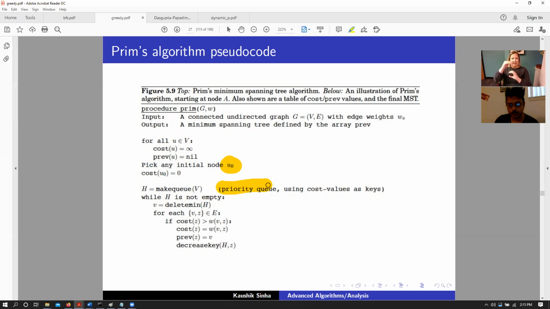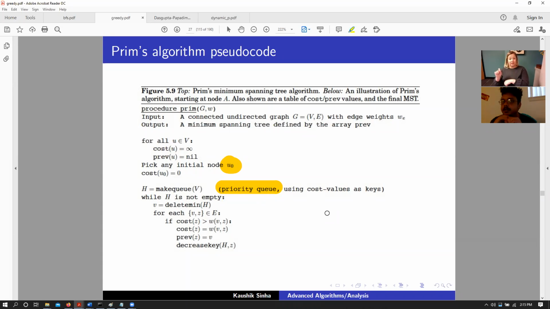Because we are using a priority queue, it picks the edge that has the minimum cost connected to that particular vertex, picks that edge, and then now it has two vertices. Now out of these two vertices, it again looks at all the adjacent edges, picks the edge that has the minimum cost out of these two vertices, picks that edge. Now it has three vertices, and so on, right? So it keeps on incrementally growing its set of vertices.